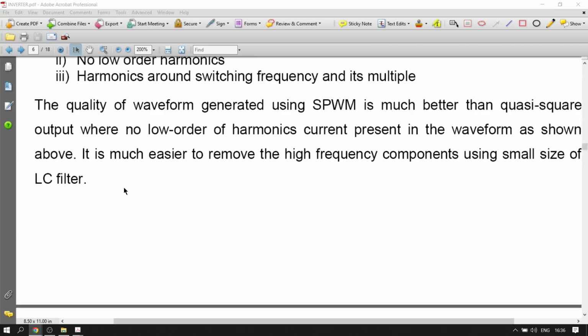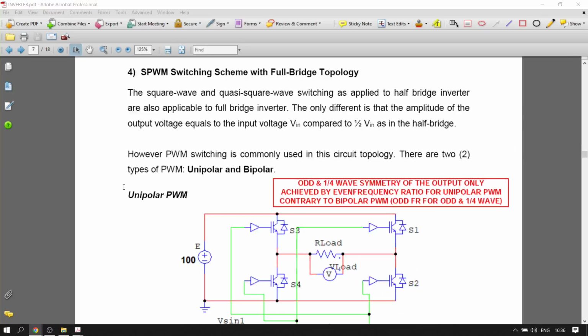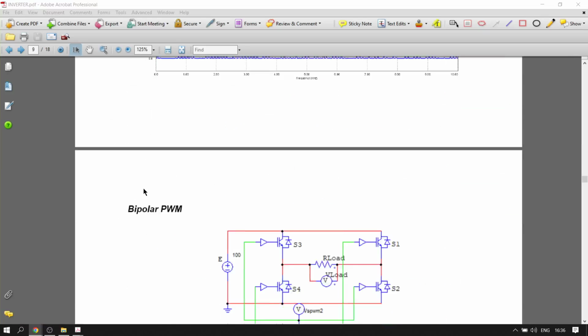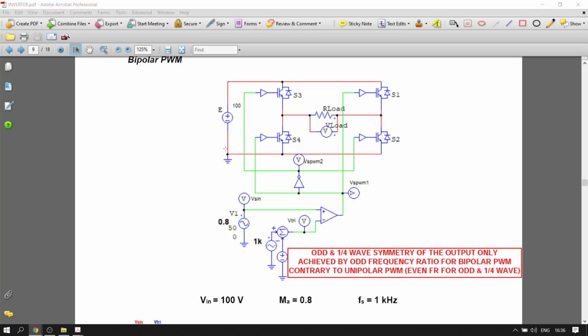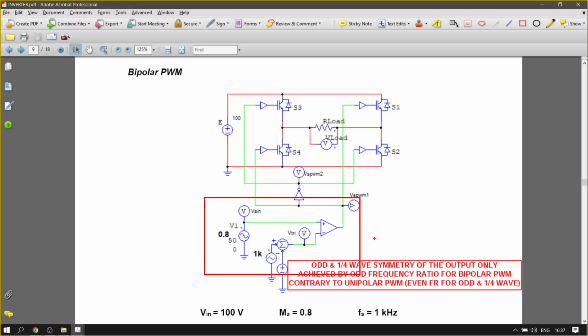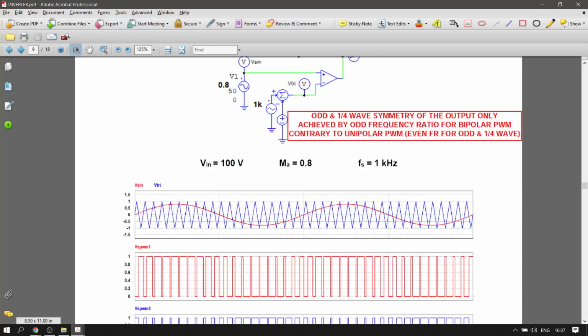So now, that is called unipolar PWM, and then we also have this bipolar PWM. See? This is bipolar PWM. Okay, for bipolar PWM, you only have one comparator. What you do is you compare the same sinusoidal modulating signals with the triangular carrier signals.